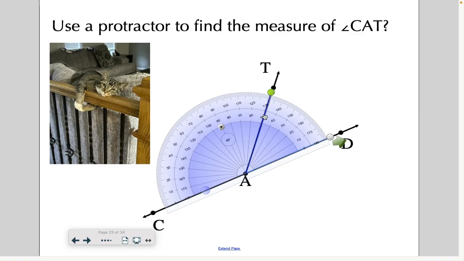What a lot of students have told me that they like to do is they like to lay this out and then kind of trace on their own protractor from there. Or the other thing you could do is you could mark here, which I think would be a good idea, and then you could connect it and see from there. What's the other way I could do it? If I don't want to read from this side, where could I read from? Here. And what do you notice about all of these different pairs as you go around the protractor? 180.